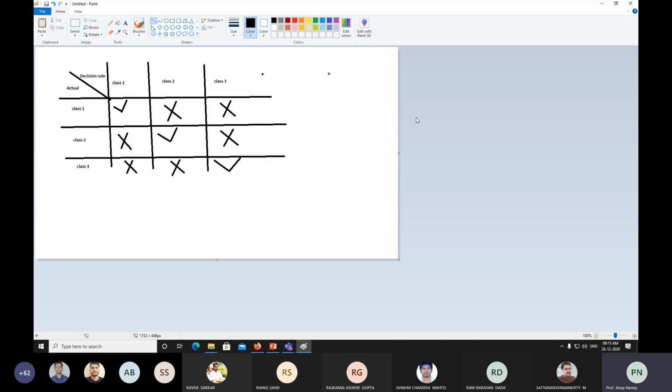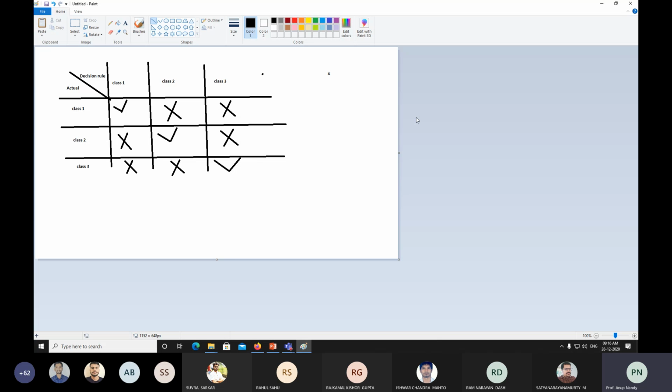This loss matrix that I have drawn: as you can see, L11, L22, L33, all diagonal elements are correctly classified. The rest, like L12, L13, L21, L23, L31, L32, are not correctly classified, so there is a penalty term that you need to introduce.